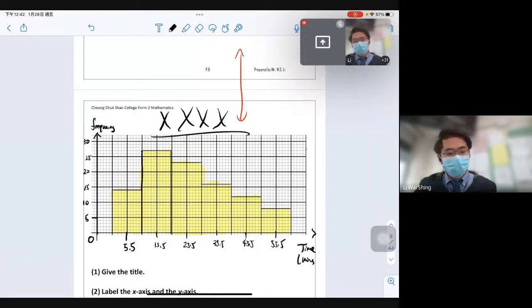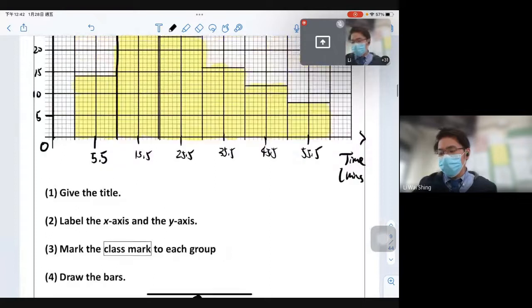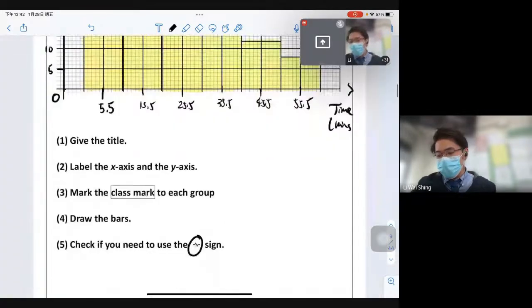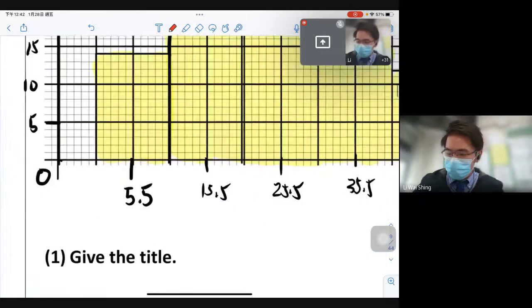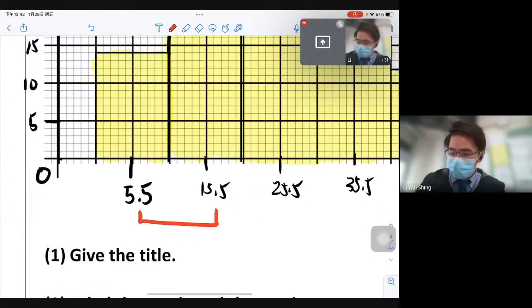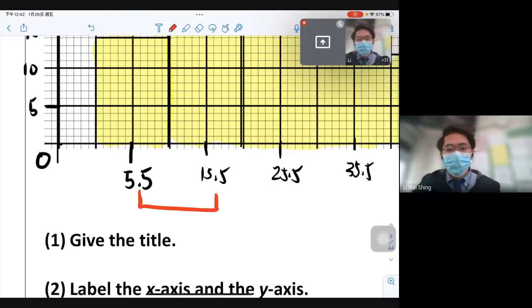Have I finished? Has Mr. Lee finished? No. 漏咗啲咩啊，Marcus? Yes, the sign. Okay, so you need to use this sign. When do I need to use this sign? Take a look at the x-axis. What is the difference between these two values?